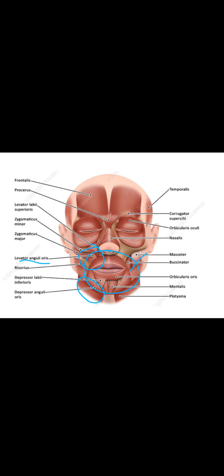As the name indicates, levator anguli oris will elevate the angle of the mouth. You see, this is the mouth and this is the angle. So the angle of the mouth is being elevated by levator anguli oris, like in the case of smiling. Why? Since it is elevating your angle of mouth. Depressor anguli oris is this. It will depress your angle of mouth. Okay? Now, moving forwards.